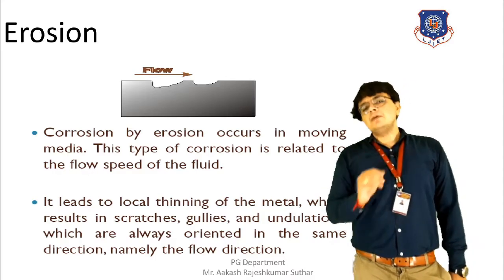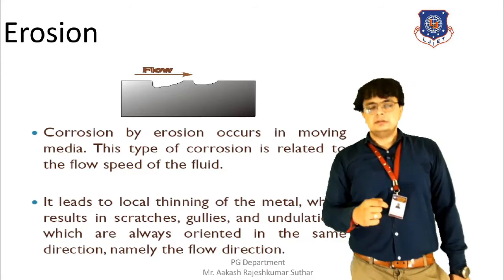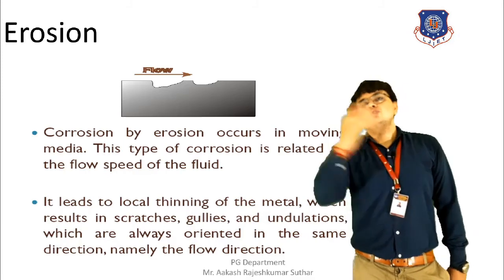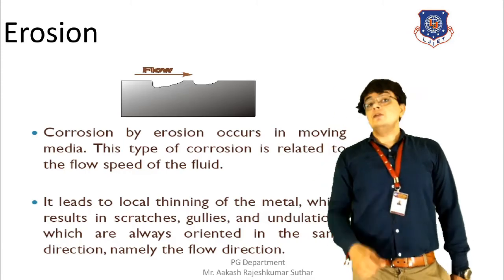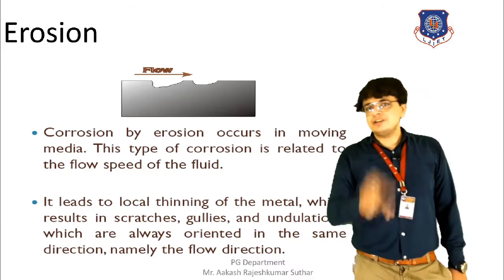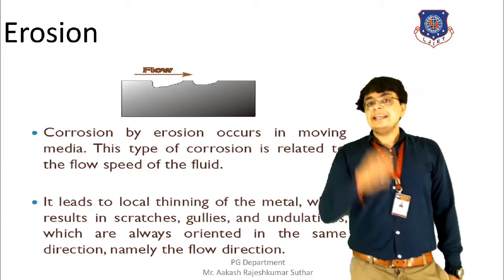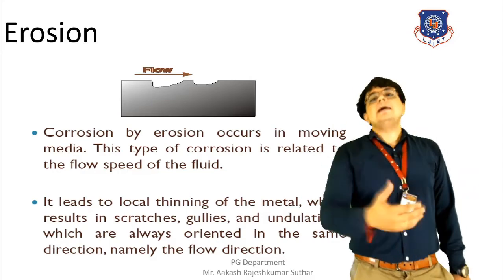The key component of the erosion type of corrosion is the impact load. Because of the impact of the moving material through the pipes or any kind of metal, erosion is caused. And as a result of this, some of the material will be removed, and the overall area of the surface of the pipe or the metal will be reduced.